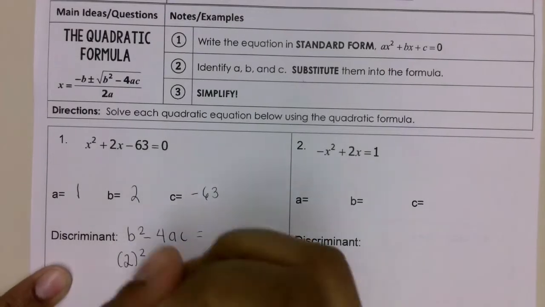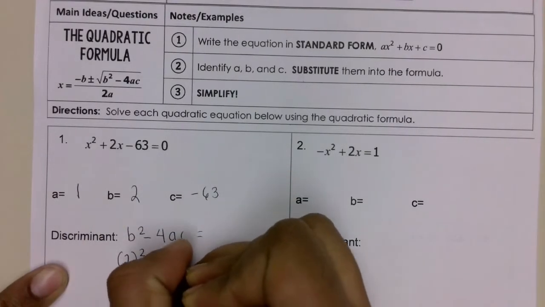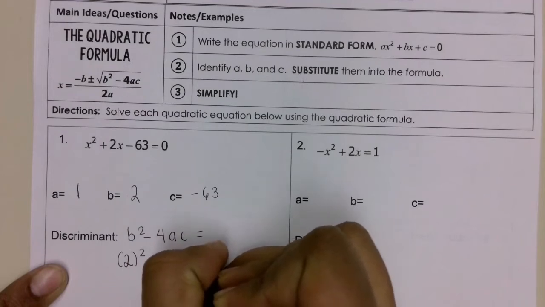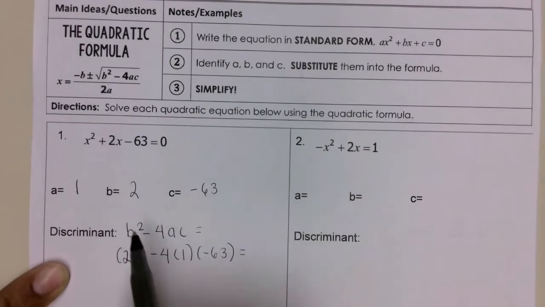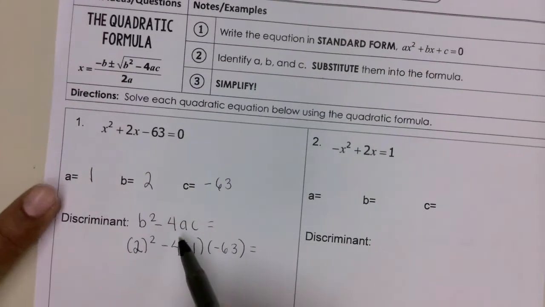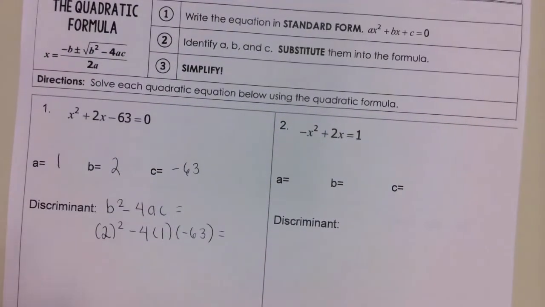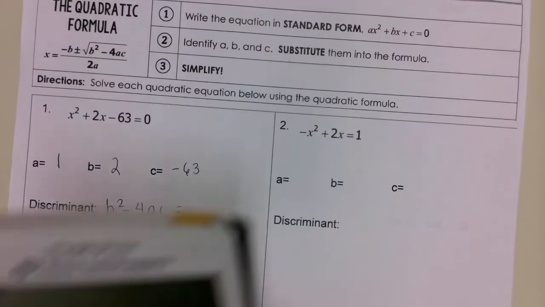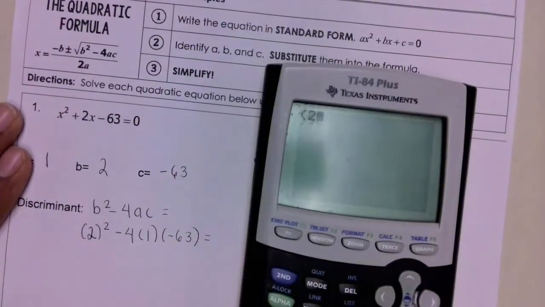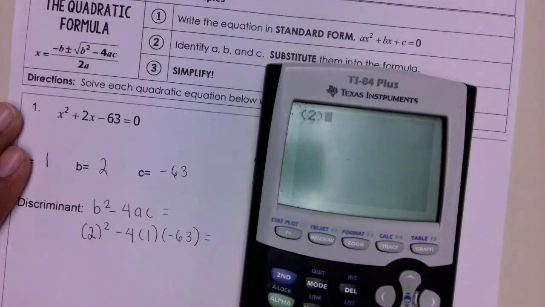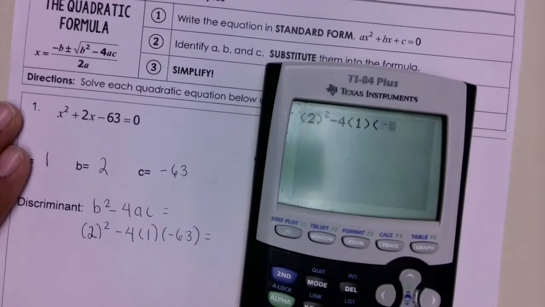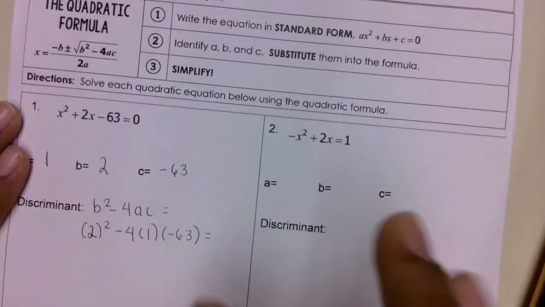So 2 squared minus 4 times 1 times negative 63. That's where the 2 came from, a is 1, and c is negative 63. You're going to plug that all into your calculator, parentheses and all. So I'm going to go ahead and take out my calculator. You've got 2 parentheses squared minus 4 parentheses 1 parentheses negative 63, and that's going to equal 256.